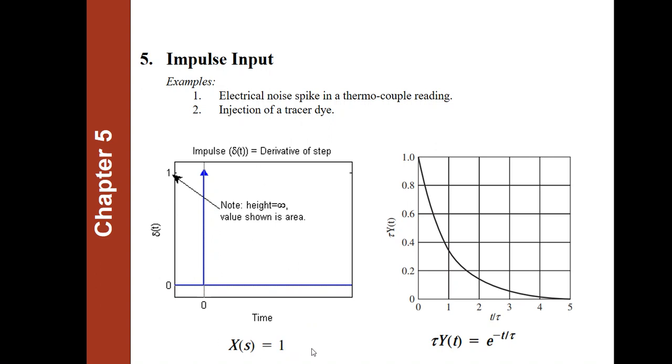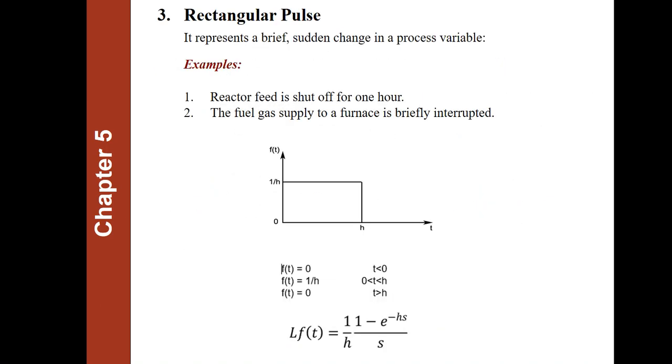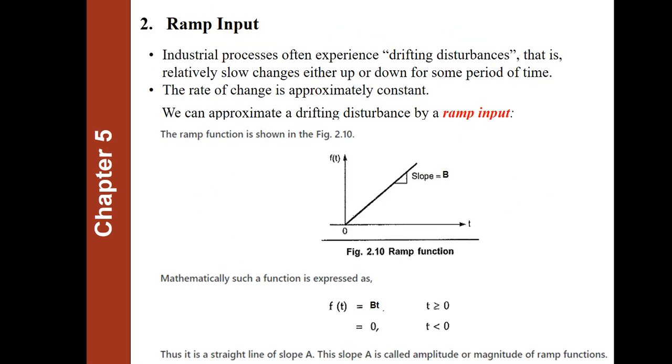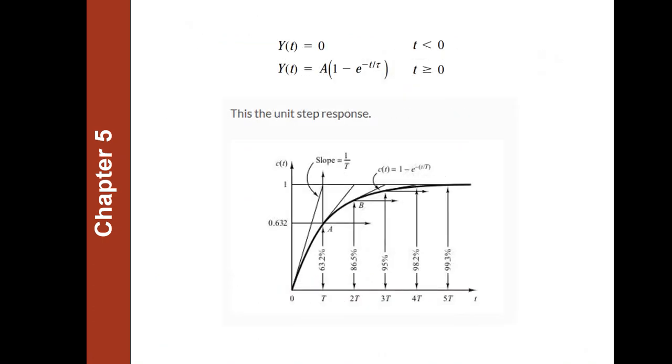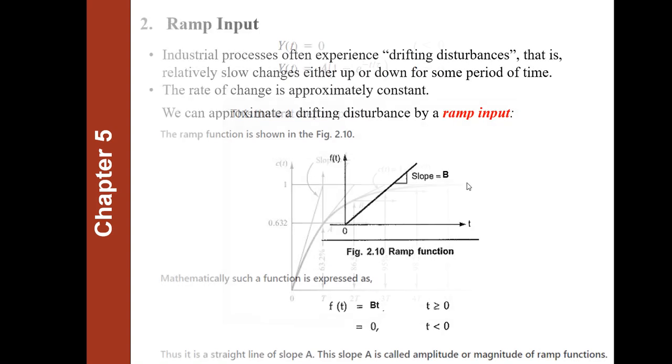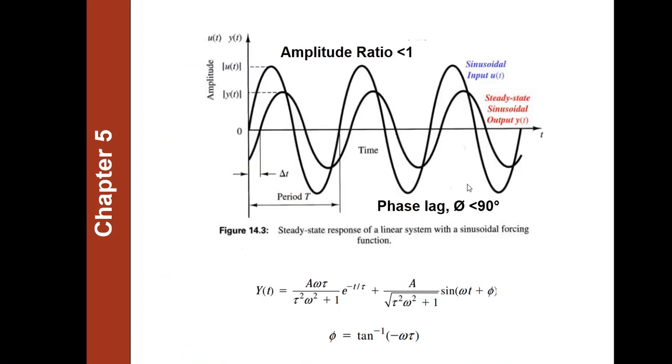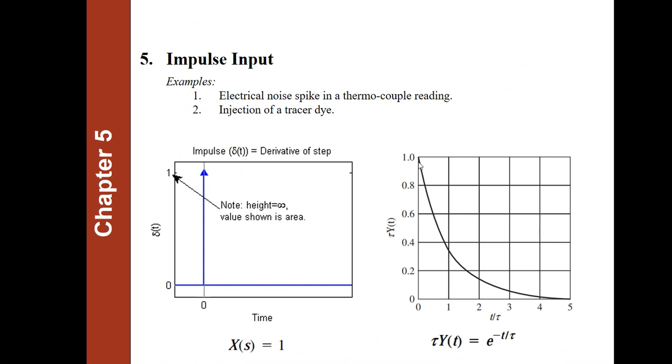Since the impulse forcing function is a derivative of the step forcing function, if the step forcing function exhibits an exponential increase for the response, its derivative will have an exponential decrease in the response. So there's a decrease in the value after some time. That decrease would of course be expected to be asymptotic to the value equal to 0 after a very long time. That's for your impulse input.